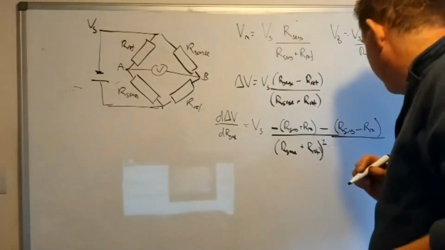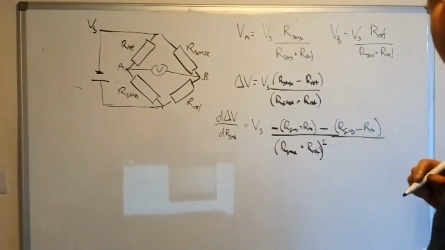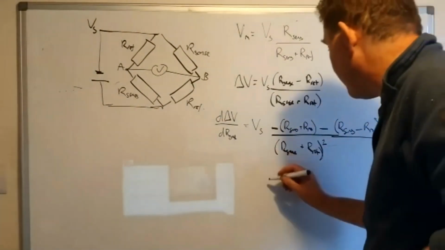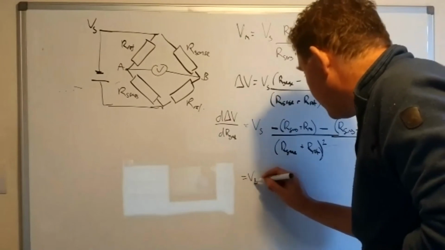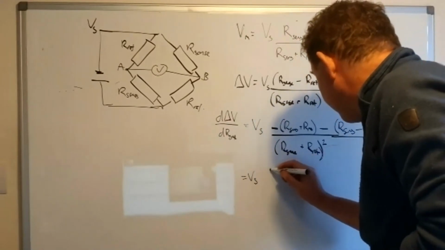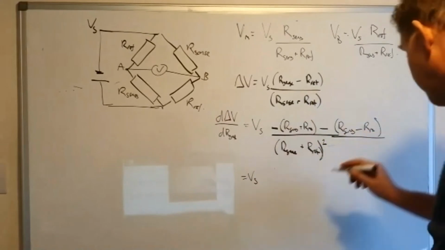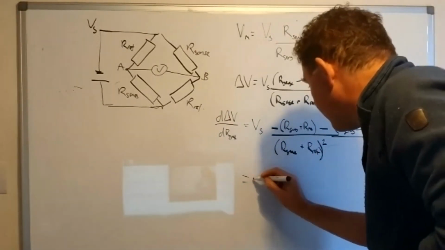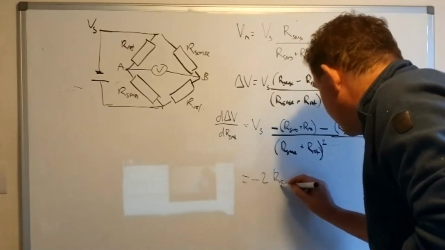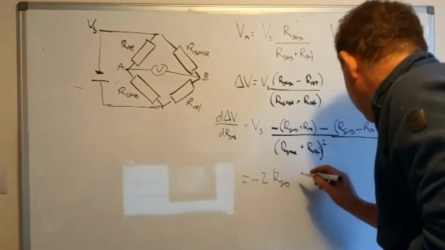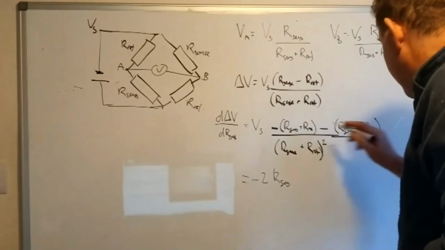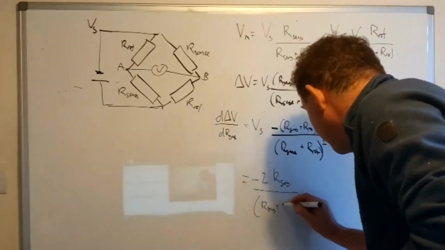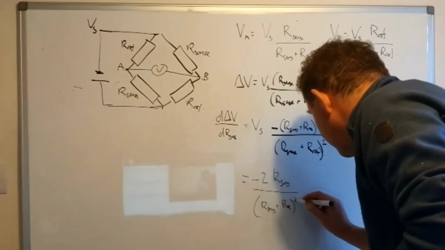When we do this, we're going to end up cancelling out terms on the top there. So it's going to be minus 2 R ref, and then the R sense terms cancel out, over R sense plus R ref squared.